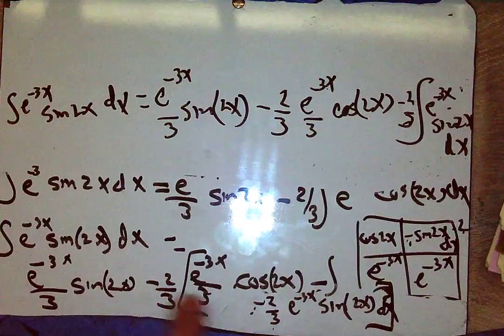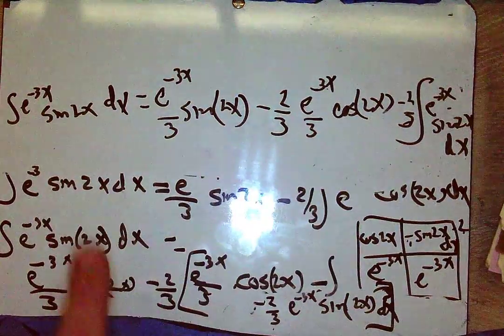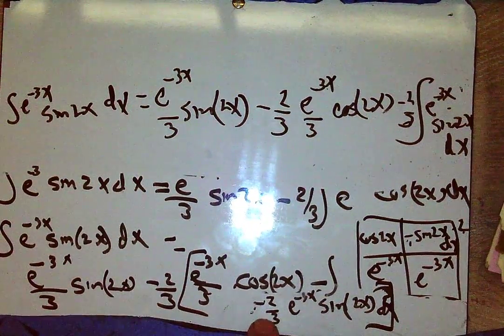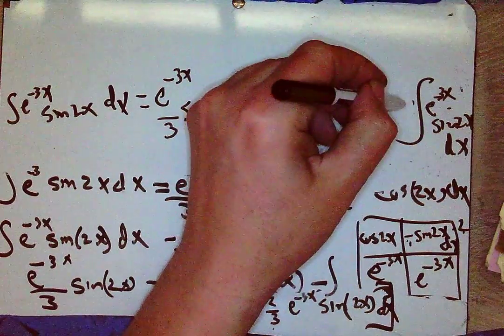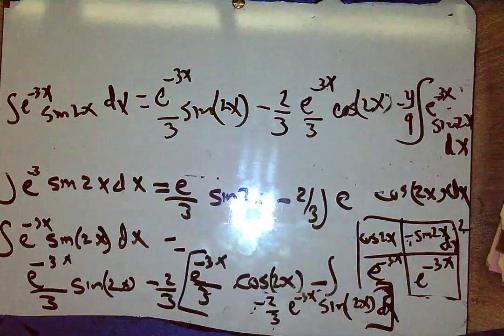Okay, so minus times minus times minus is minus, and we have a 2/3 times a 2/3, which is going to be a minus 4/9.